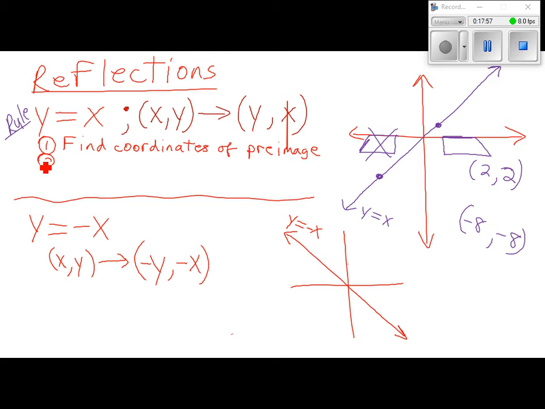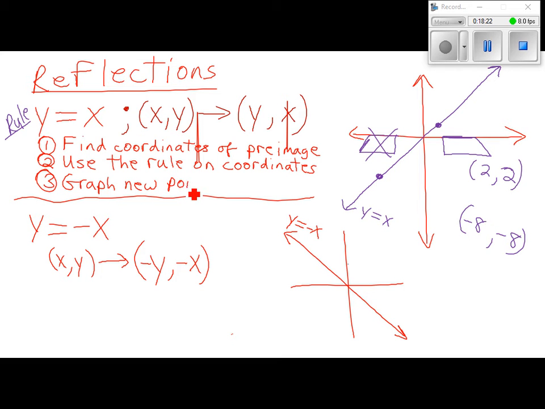Second thing you're going to do, use the rule on those coordinates. Then the third thing you're going to do, graph the new points, or graph the image points. Got to do those for both of those.